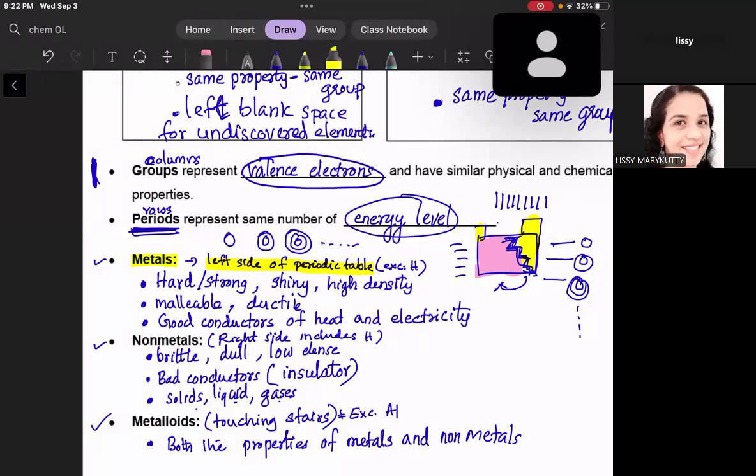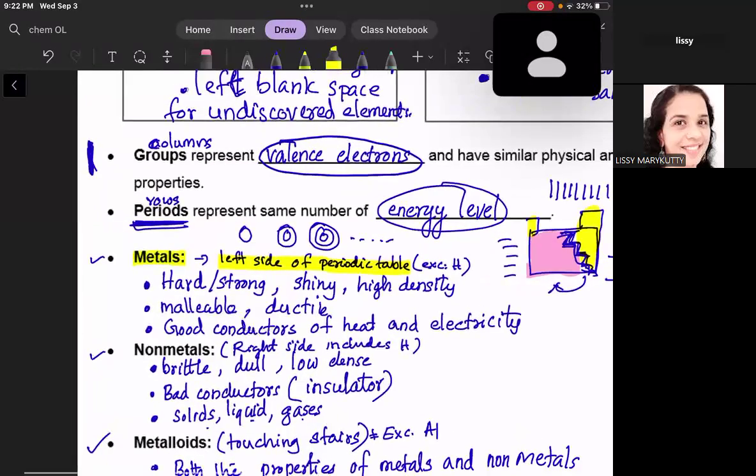When you think about metals, you have seen many metals like iron, aluminum, copper, silver, gold, etc. The properties of metals: they are hard and strong, they are shiny, they are heavy. We can say they have high density.